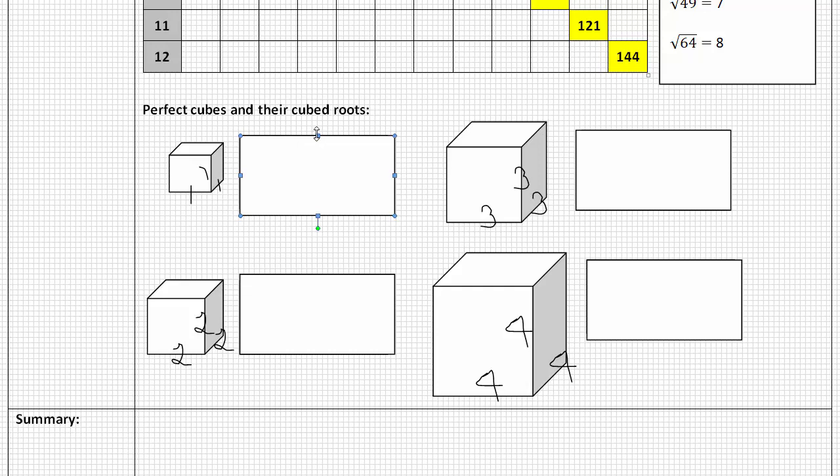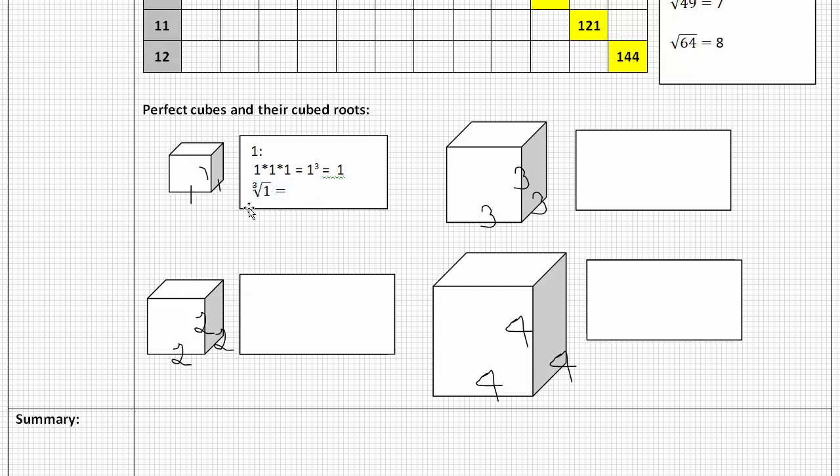So the first perfect cube number is 1. Then we could ask a few more questions. We see that that is because, in our three-dimensional image here, 1 times 1 times 1 is 1, or 1 to the third power equals 1.